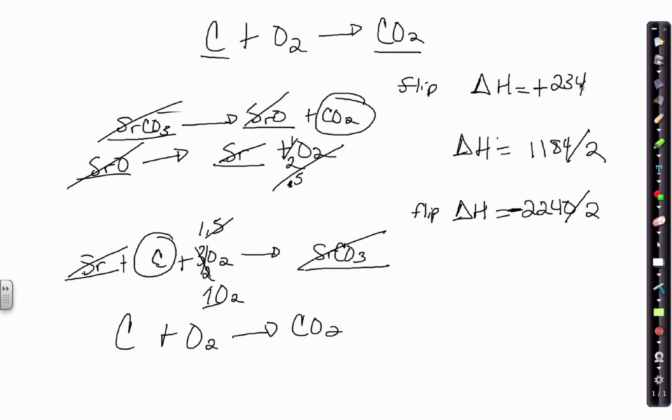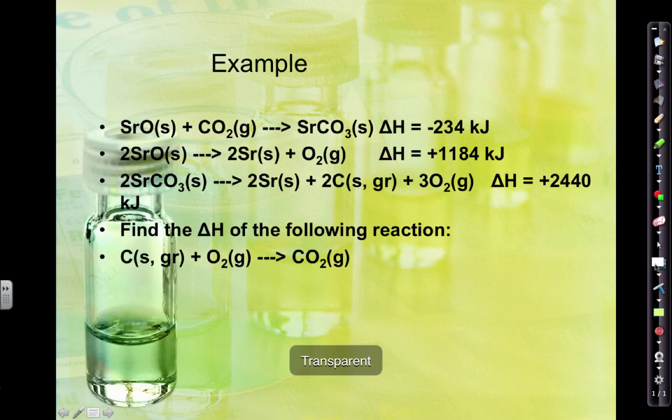Now I just need to take my enthalpies and combine them together. So I've got 234 here, positive because I had to flip this one, and then 1184 divided by 2 plus negative, I wrote that down wrong again.